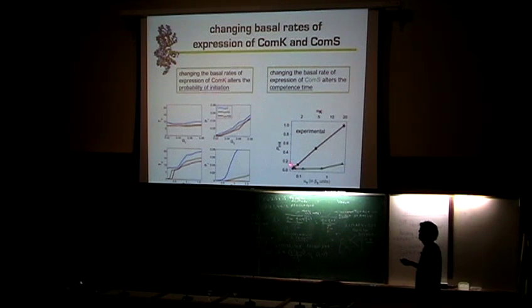If you have a higher basal level of expression of K, you increase the probability that you're going to have competence cycles. And that doesn't happen with ComS. You have only this slight increase over here that we're going to talk about a little bit. In the paper they claim it doesn't affect at all, but you do see a little increase over here.